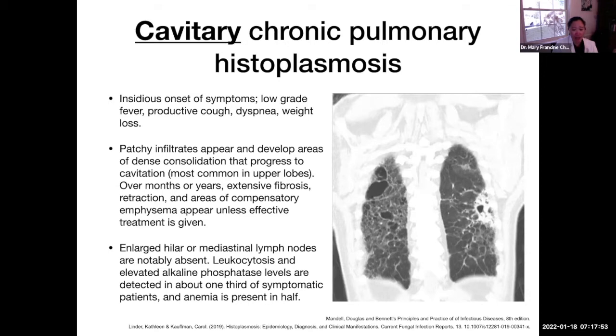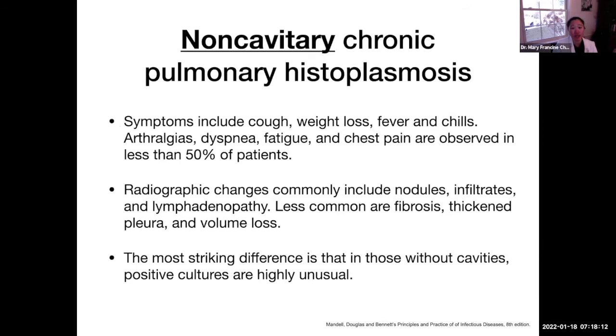Enlarged hilar or mediastinal lymph nodes are notably absent in chronic pulmonary histoplasmosis. Again, for your laboratory work, you can have leukocytosis and elevated alkaline phosphatase levels, but only in 1/3 of symptomatic patients. Anemia is present in half. And then for non-cavitary pulmonary histoplasmosis, again, you have symptoms of cough, weight loss, low-grade fever, and chills.